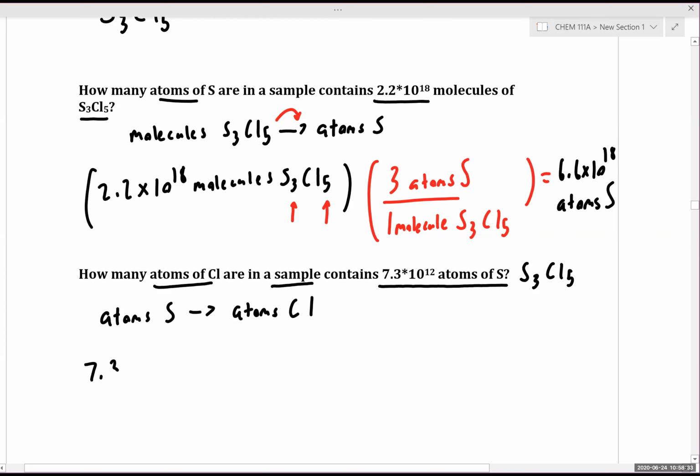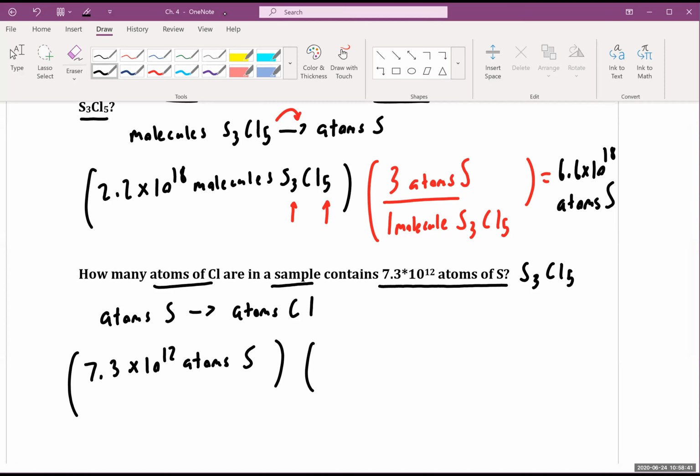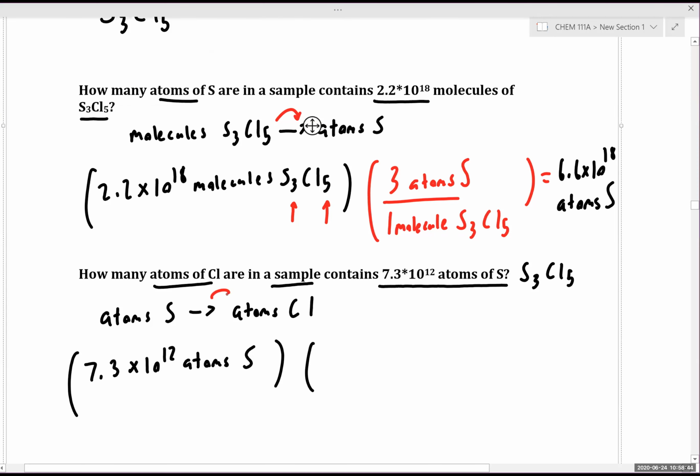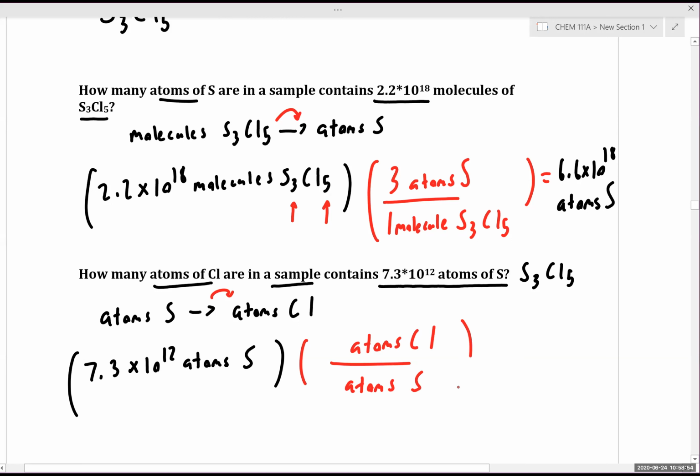Starting off, we have 7.3 times 10 to the 12th atoms of sulfur. And if we're going to atoms of chlorine, atoms of chlorine will be on top, and atoms of sulfur will be on the bottom. So my question to all of you is, how many atoms of chlorine do we have?